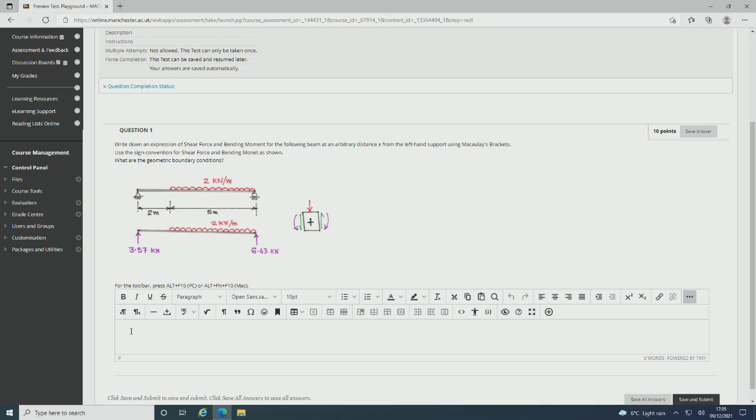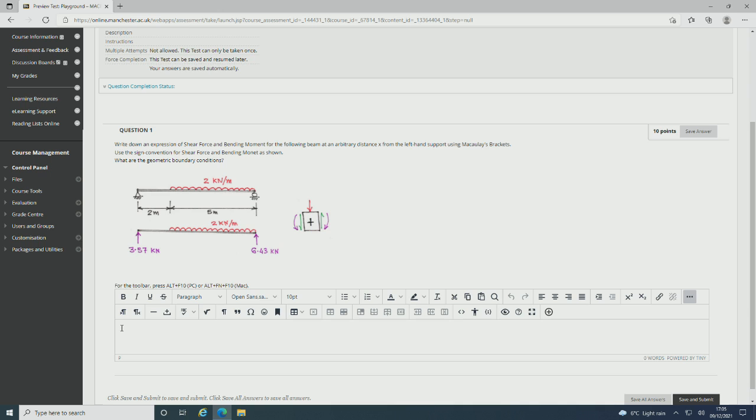So this is the problem. What you have to do is write down the expression of bending moment and shear force in that space over there, using Macaulay's bracket.